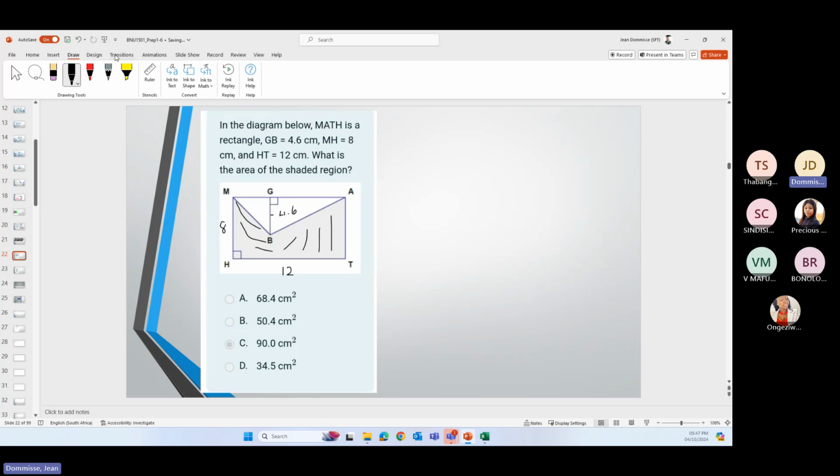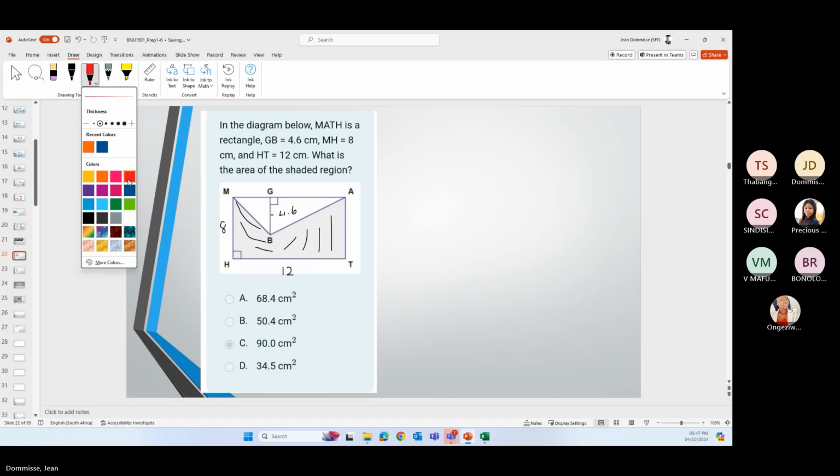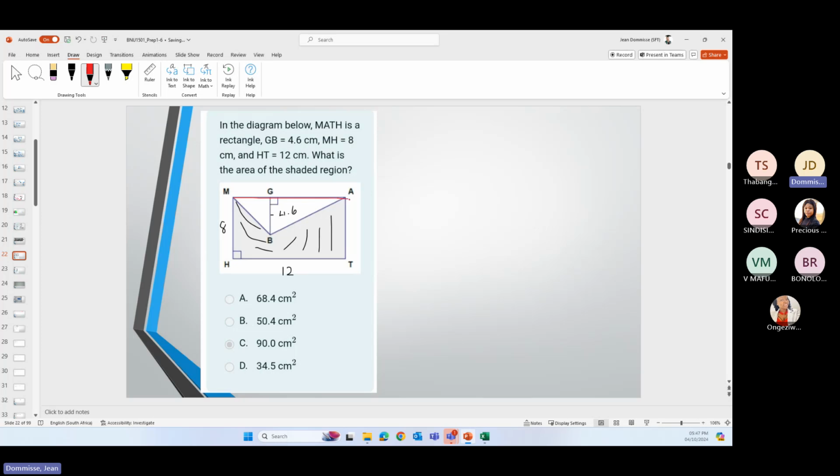Okay, so what I would do is I would get the area, because I don't have the faintest idea what that shape is. So I will get the area of the square, that red square.